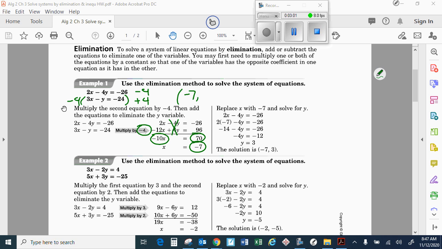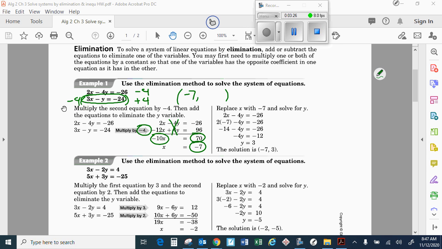Okay, remember we now have to solve for the y. So I plug the x into either equation. It doesn't matter which one. Your choice. They chose to do 2x minus 4y equals negative 26. Okay, it doesn't matter because it's going to work in both. So whatever one you found easier, I would go ahead and do that one.